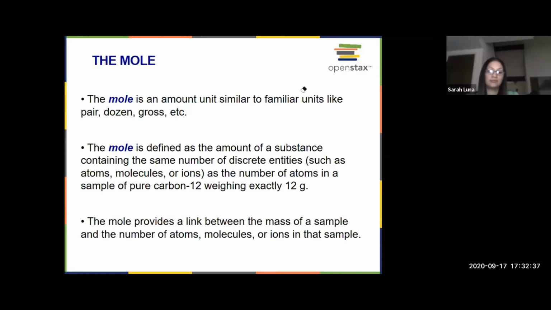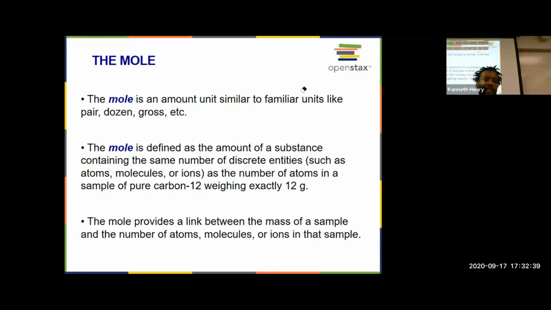As we were talking about, the mole basically defines a quantity, a number, an amount, right? And so a mole can be used for many things. We can talk about molecules, atoms, ions, right? So we can use a mole to describe all of those things.